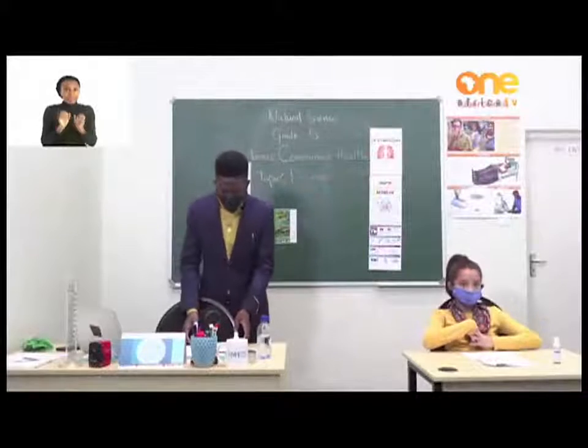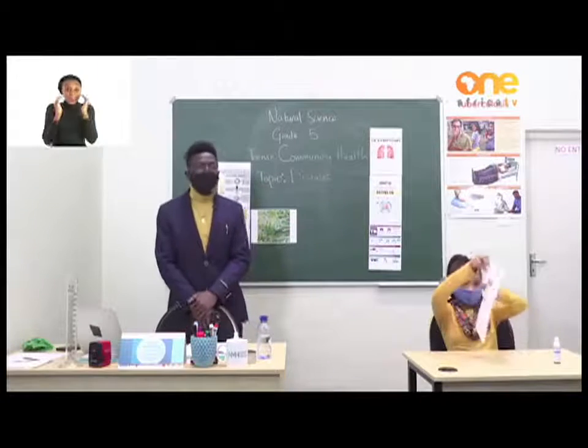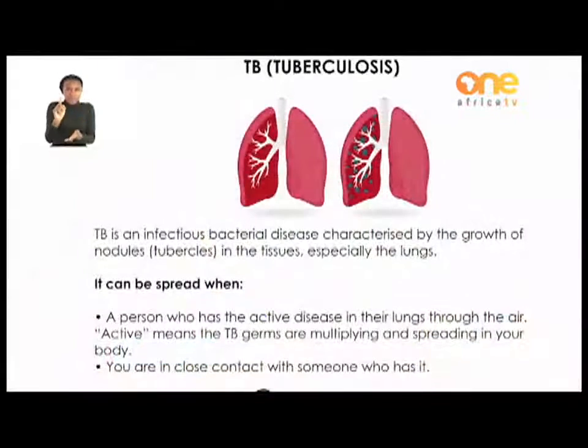Okay, grade 5, let us turn to page 21, where we'll be discussing our second disease for this lesson. Our second disease is TB, or tuberculosis. What is tuberculosis? TB is an infectious bacterial disease characterized by the growth of nodules, tubercles, in the tissues, especially the lungs.